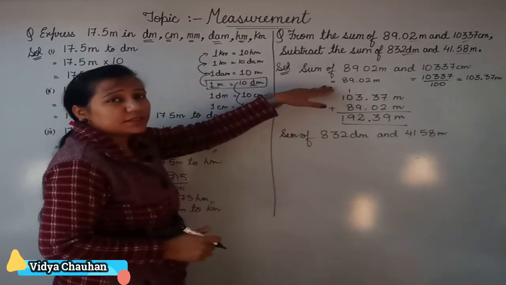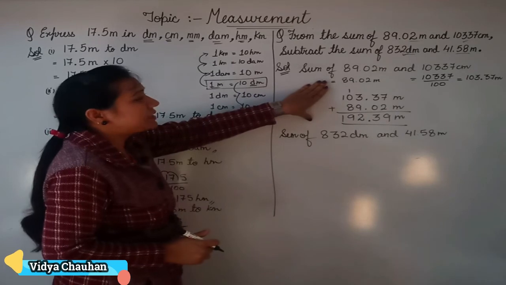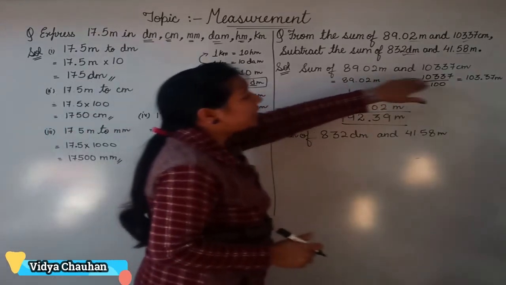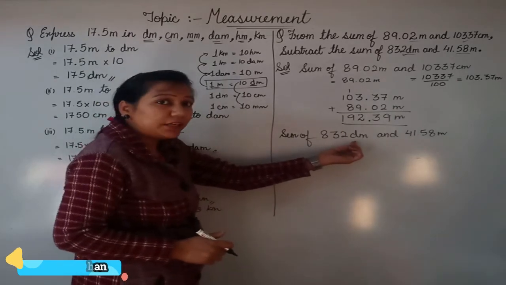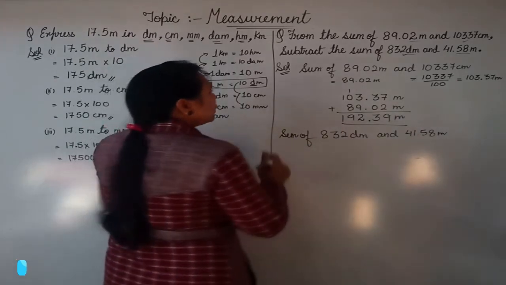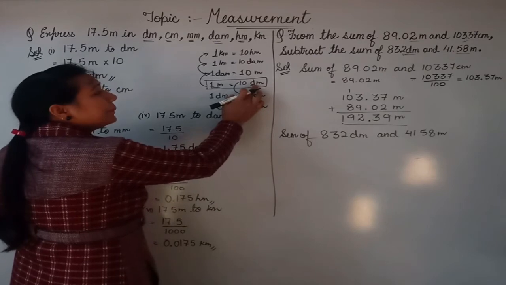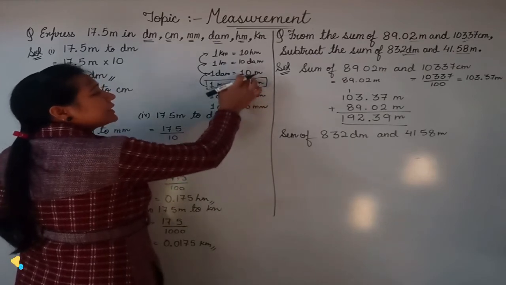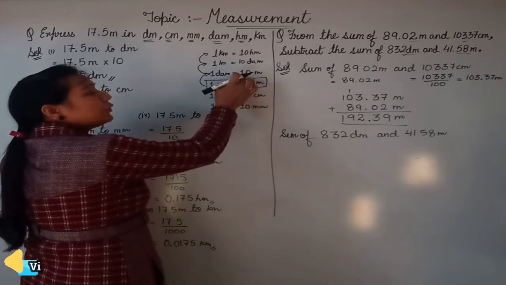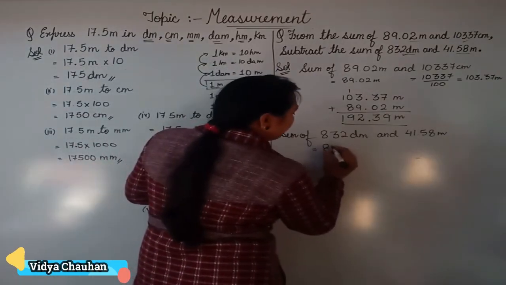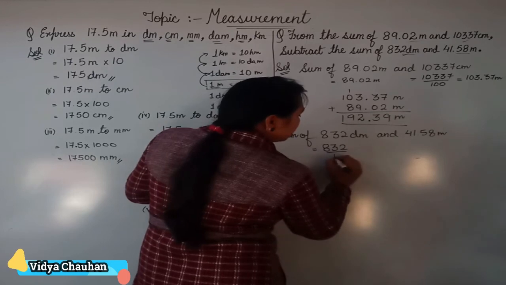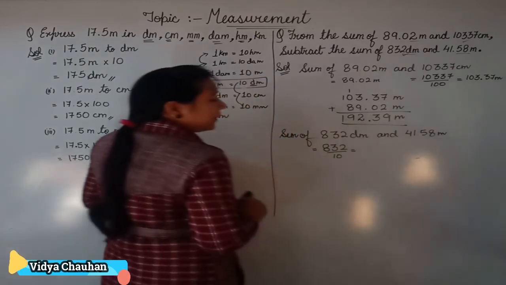As in the previous half of the question, where we converted centimeters to meters, here I will be converting decimeter to meters. For decimeter to meter, there is one step, from a smaller to a bigger unit, so we divide by 10.